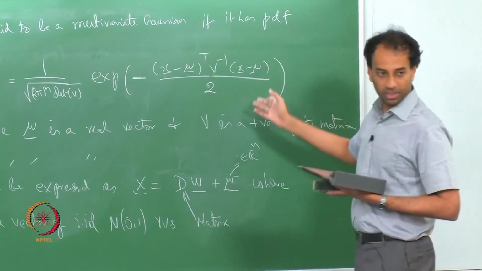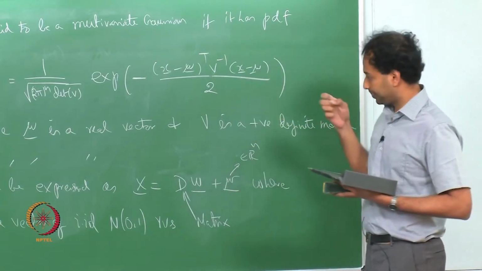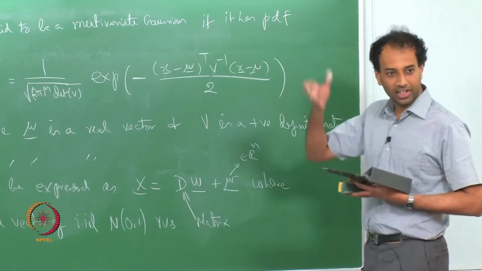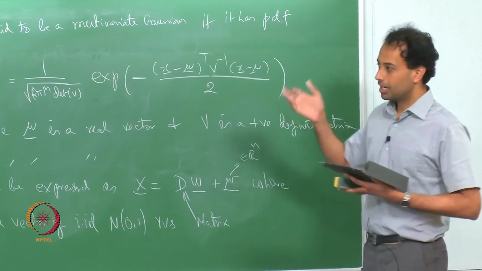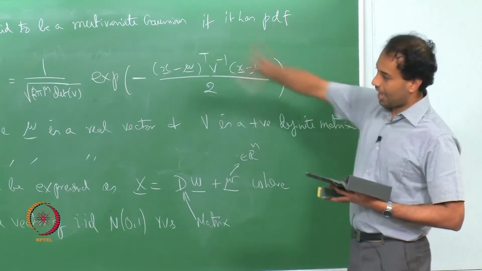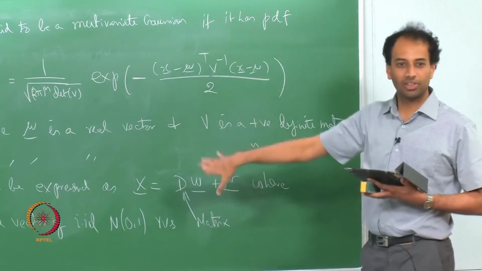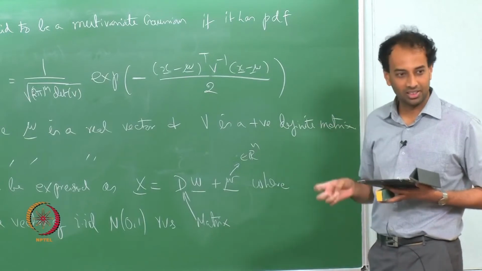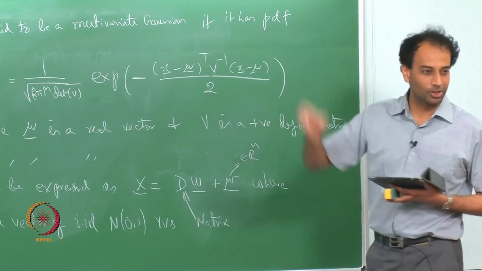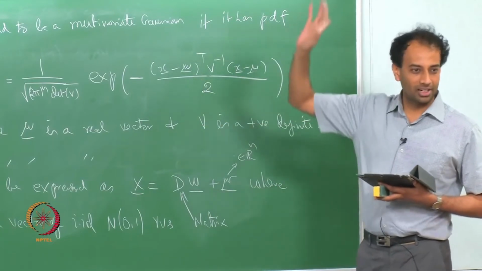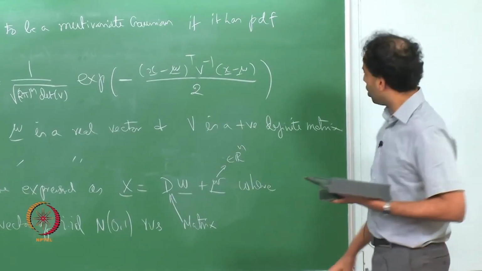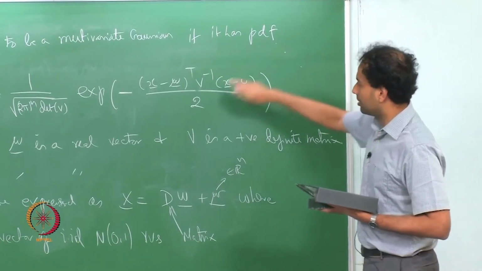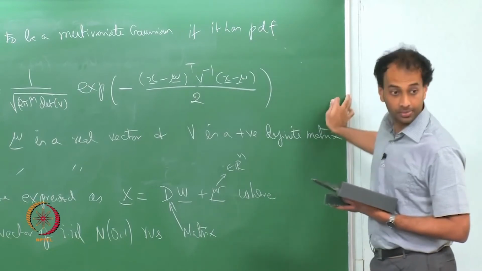So, this is a positive definite matrix in general, and its eigenvectors, which define an orthonormal basis for the space, will again tell you in which directions the Gaussian will spread out more and in which direction the Gaussian is more compact, more compressed. This is in n dimensions, so we cannot draw it, but the 2 dimensional analogy can be pushed forward.